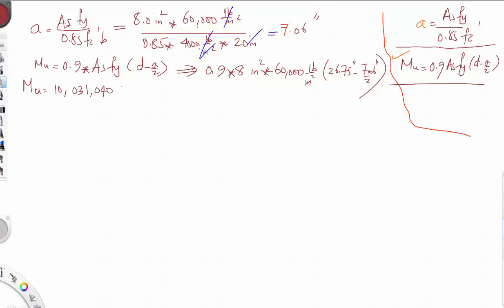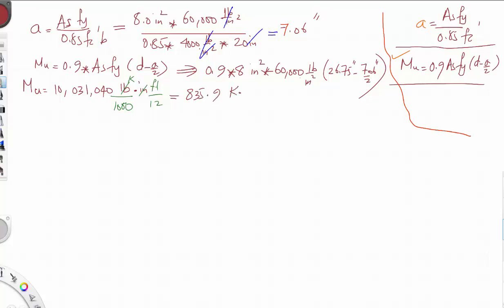that is pound inch. So we divide this to convert this into kips. We divide by 1,000. To convert this into feet, we divide by 12, and this is equal to 835.9.